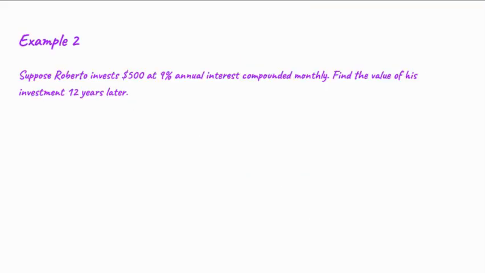So suppose Roberto invests $500 at 9% compounded monthly. Find the value of his investment 12 years later. So we've got $500 for our principal, and then 1 plus 0.09 divided by monthly. How many times will that happen over the course of a year? Well, there's 12 months in a year.